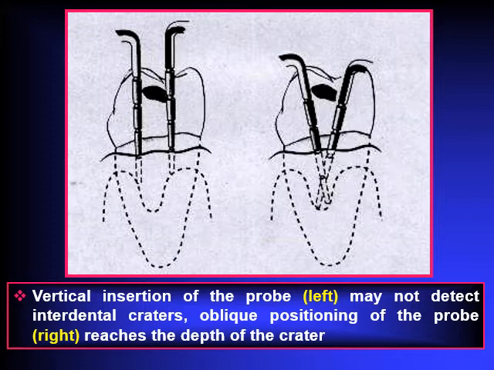So vertical insertion of the probe may not detect the crater, but when you place the probe in an oblique position, this will reach the depth of the crater, and this will give you information about the bone topography interdentally.